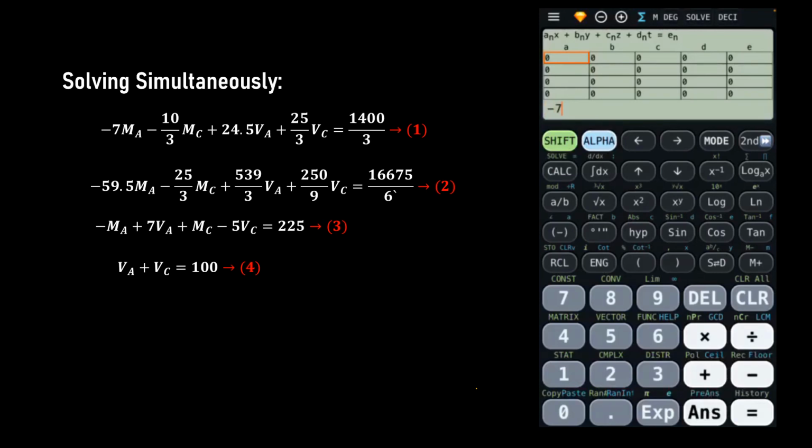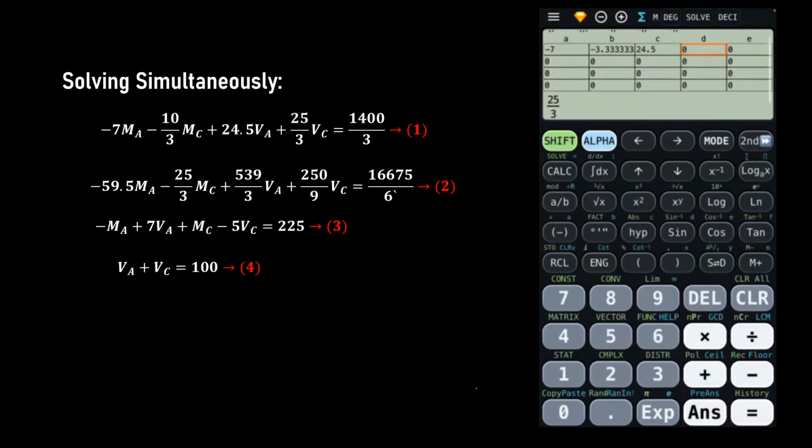So negative 7MA, negative 10 over 3MC plus 24.5 VA plus 25 over 3 VC equals 14 over 3. Second equation, which is negative 59.5 MA equals negative 25 over 3 MC plus 539 over 3 VA plus 250 over 9 VC equals 16675 over 6.